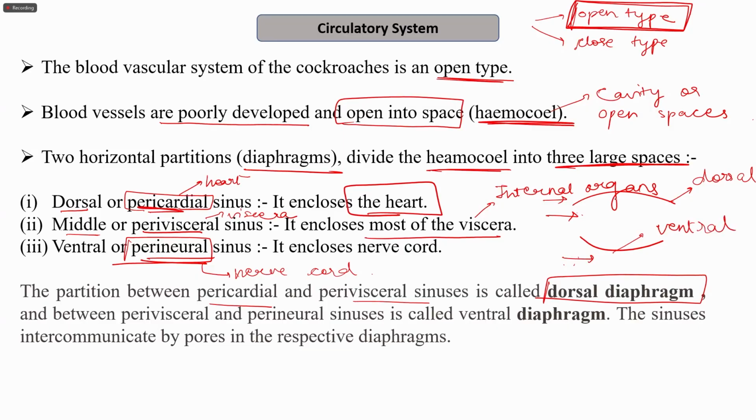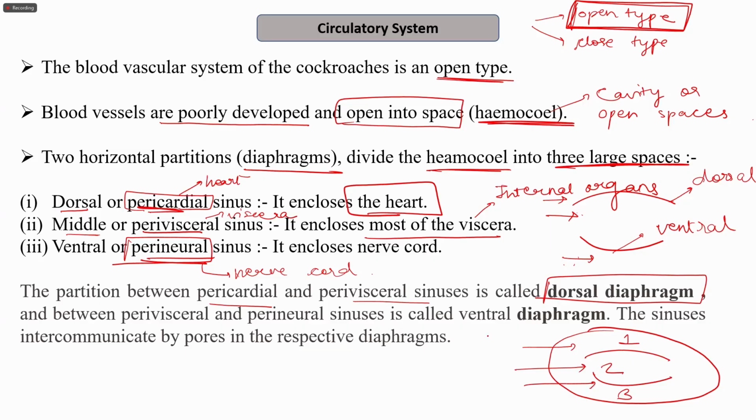So basically these two diaphragms divide the whole space into three parts, three sinuses. The first one will be dorsal, middle, and ventral. Dorsal will be pericardial, middle will be perivisceral, and third one will be the perineural.